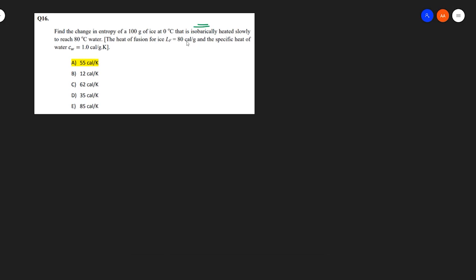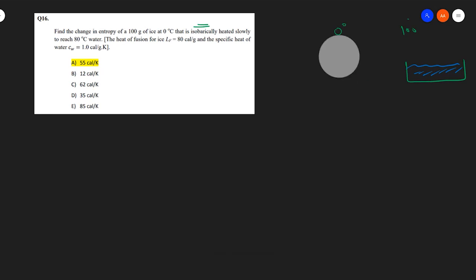Heated slowly. So we have a cube of ice at 0 degrees, and it is heated until, of course, it becomes water.